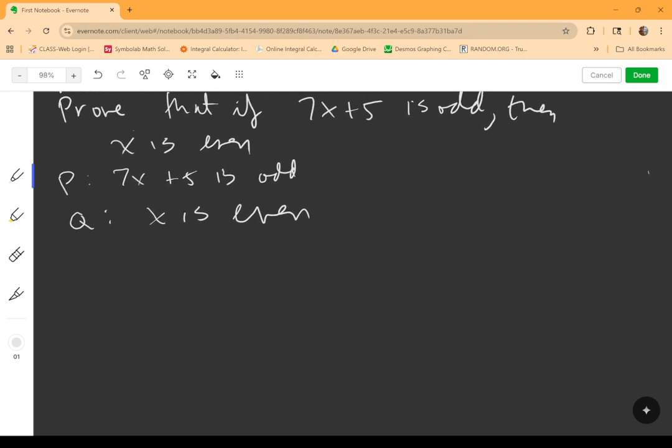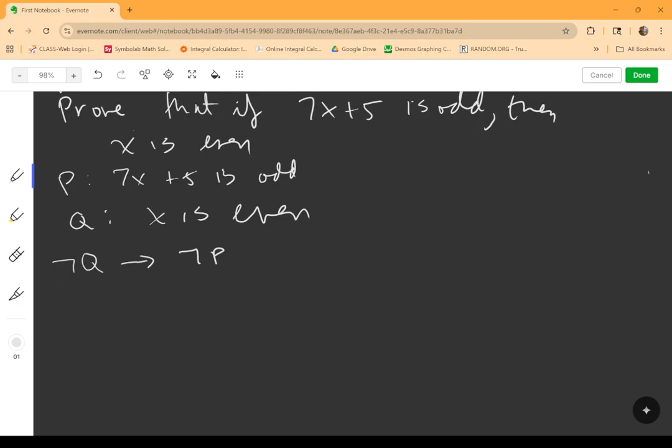So our goal here is to prove P implies Q, but I'm going to do it in what's called an indirect way. In a direct proof, we directly started with the hypothesis and went from there, applying any definitions and algebra that we know. But here we're going to look at not Q implies not P, and proving that proves the implication P implies Q, since they are logically equivalent statements.